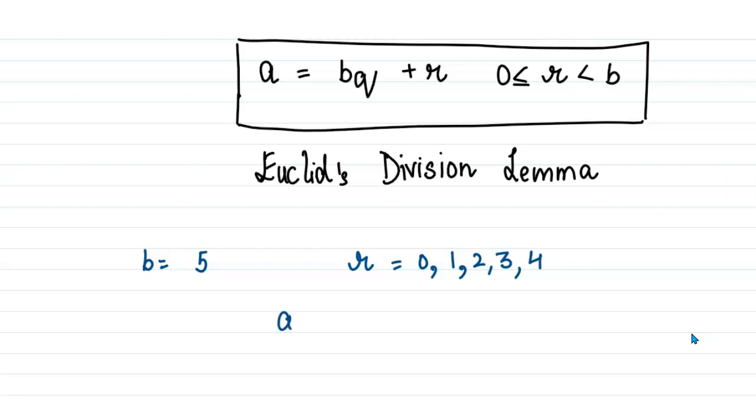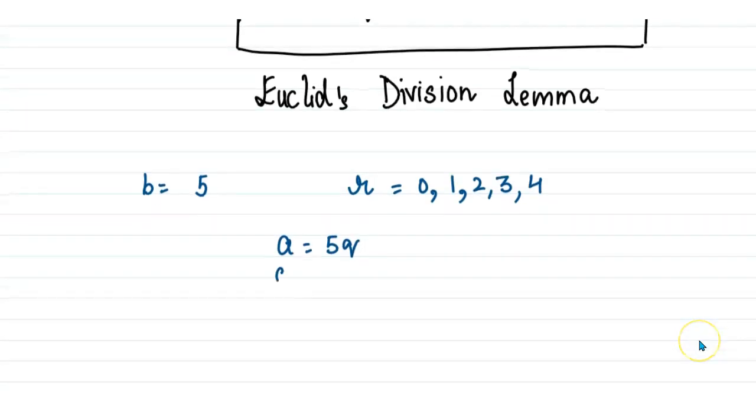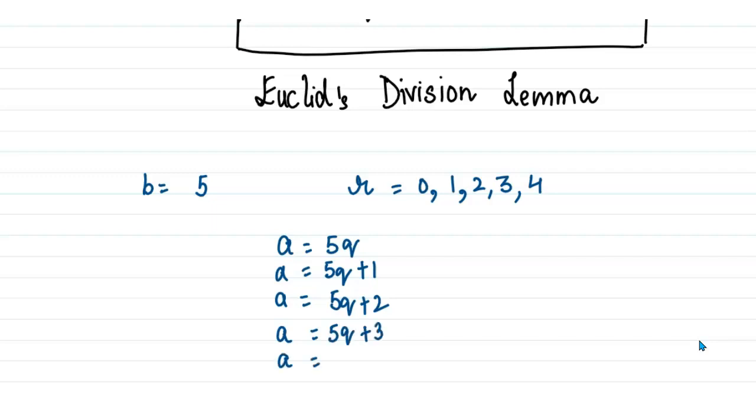So the dividend can be either 5q or 5q plus 1 or 5q plus 2 or 5q plus 3 or 5q plus 4. So when the divisor is 5, we can have numbers of these 5 categories only. You can play with numbers, pick up any number, test these forms, and the number will fall into one of these categories.